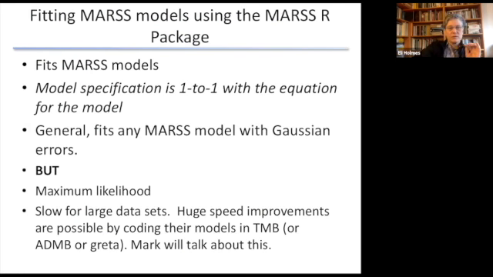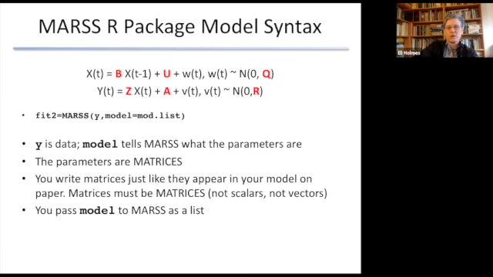Okay, I'm not going to go into that. Let's just jump right here. All right, so now we're going to show the MARSS specification, and this is actually kind of any package that you use, if you're fitting these types of multivariate state-space models.